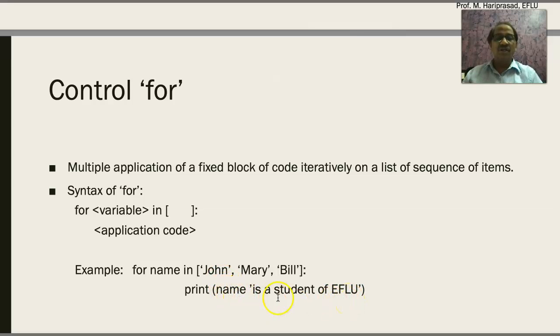Like John is a student of EFLU, Mary is a student of EFLU, Bill is a student of EFLU. What is it doing? It is actually assigning each member of the list to the variable name, and that name is printed here along with is a student of EFLU. That's how the program works.